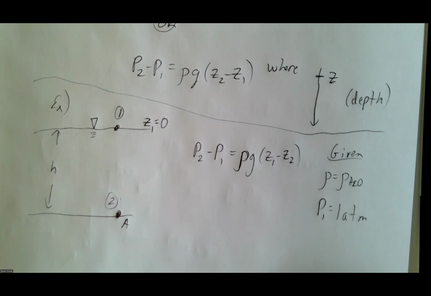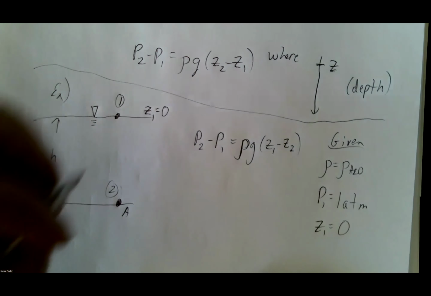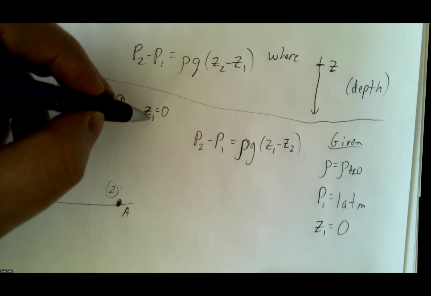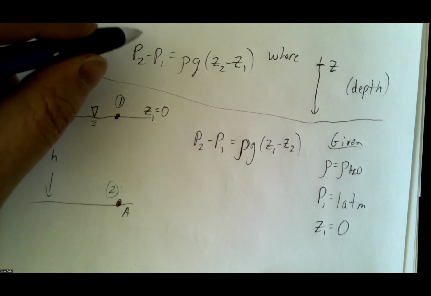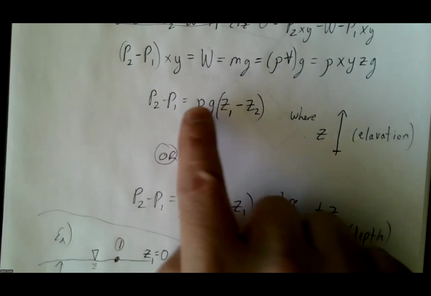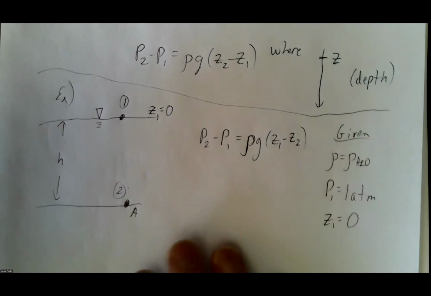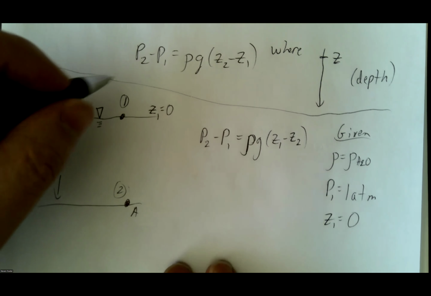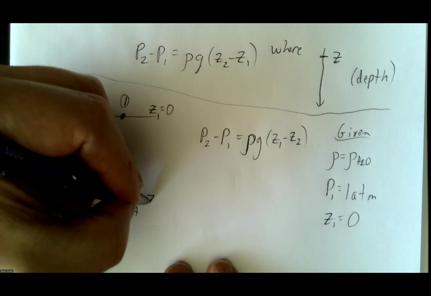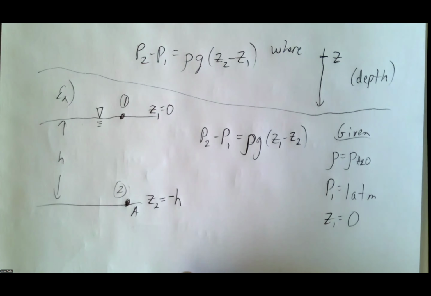If I'm calling this 0, everything below it is going to be negative, and anything above it would be positive, because we're using this form where Z is referring to elevation. So if the elevation at the surface of the lake is 0, that means down here at Z2, it's below the 0 point, so it is at minus H.